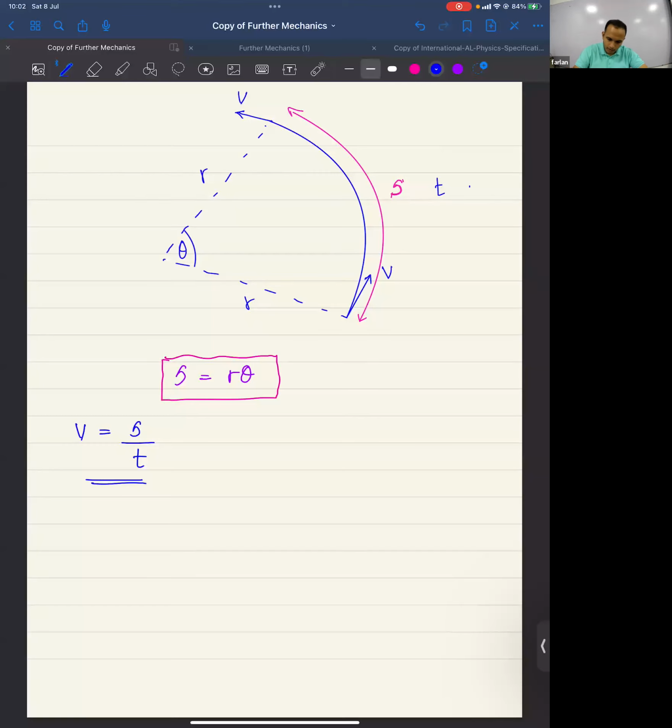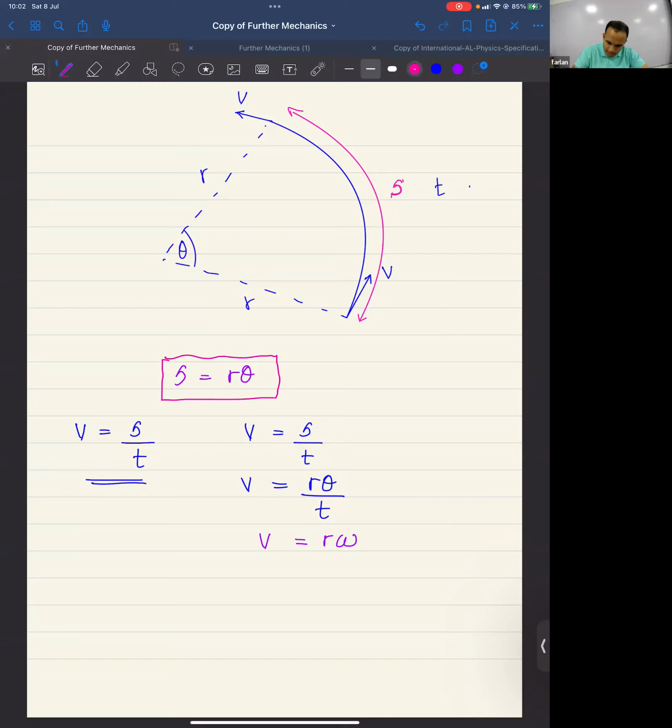And then if I replace the s with r theta, it will be r theta over t. Correct? What is this theta over t? What's theta over t? Angular velocity, omega. So that means v is equal to r omega.